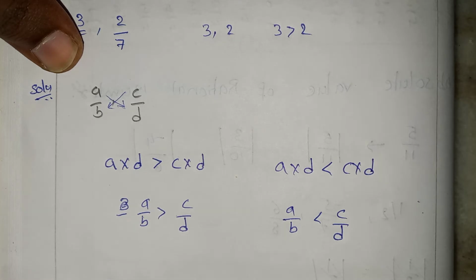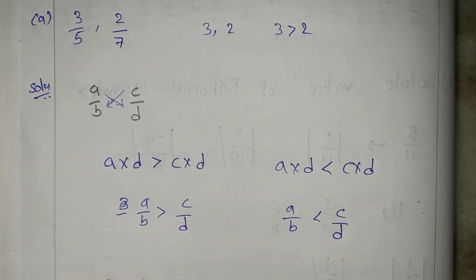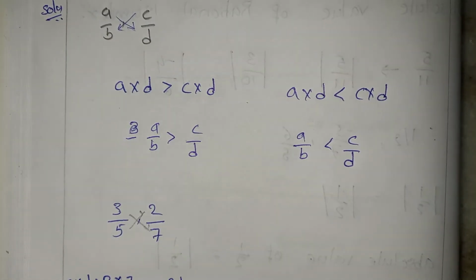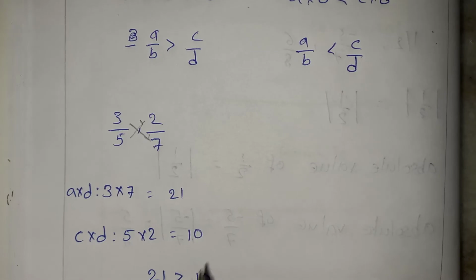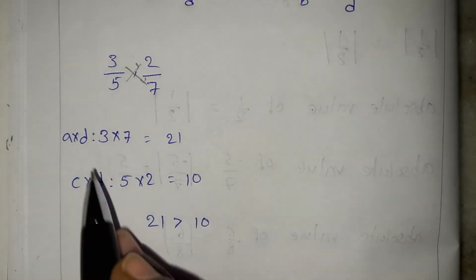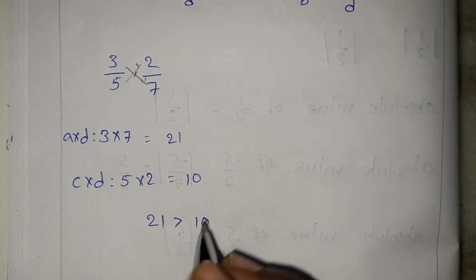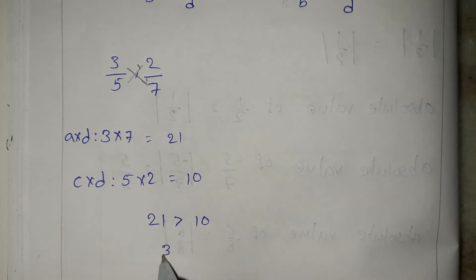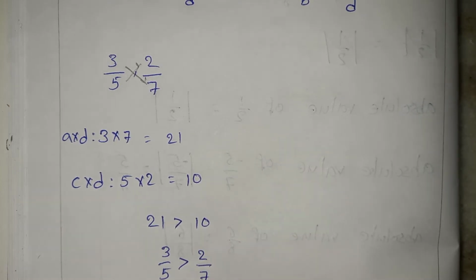Next C into B: 5 into 2, so 5 twos are 10. 21 and 10, which is a bigger number? 21 is greater than 10. So how do we have to write now? 3 by 5 is greater than 2 by 7. Okay.